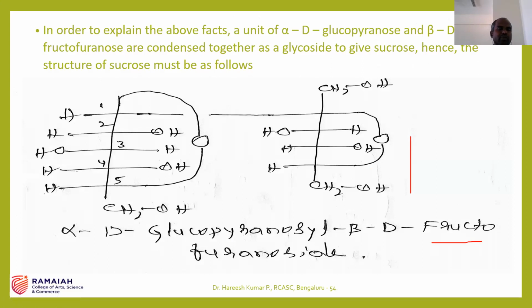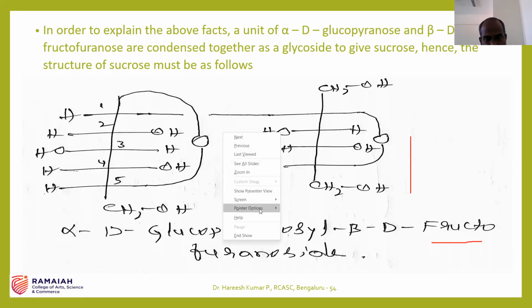To explain the above facts, we take alpha-D-glucopyranose and beta-D-fructofuranose, and a glycosidic linkage is made.